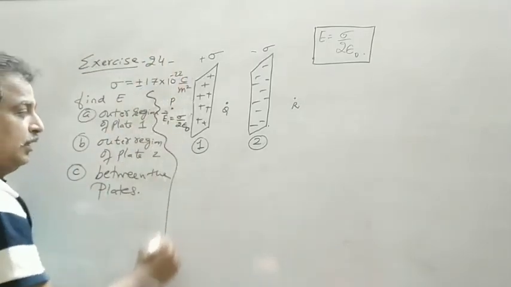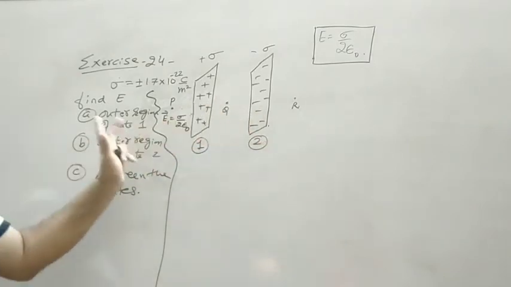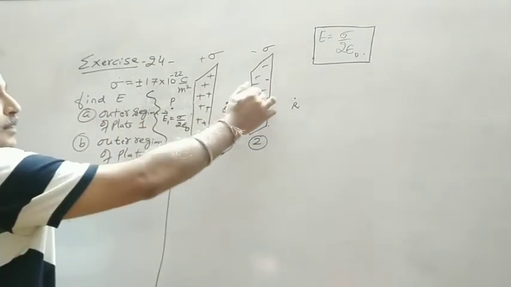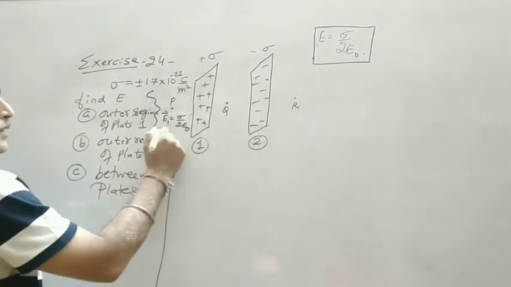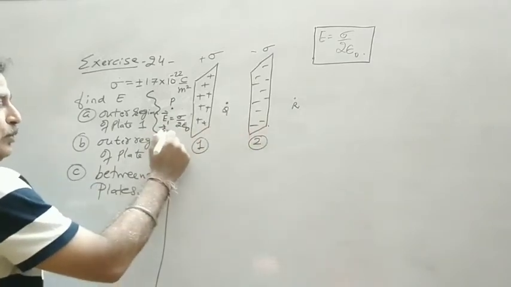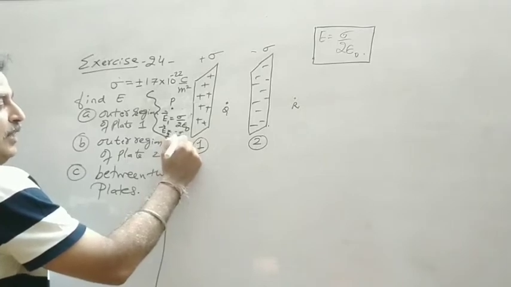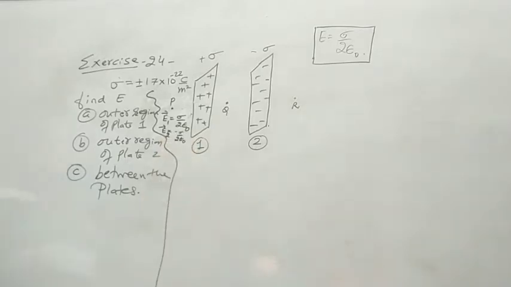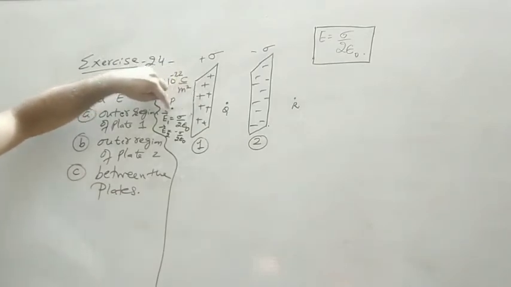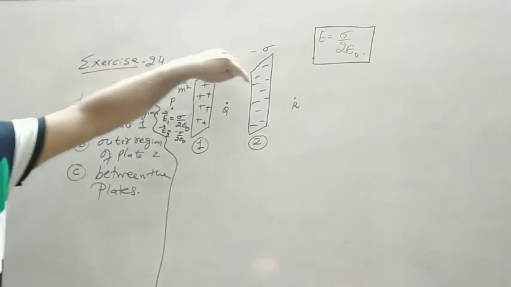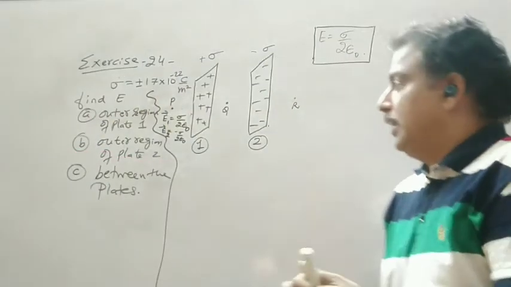Similarly, for this plate, if I keep a test charge here, it should be attracted towards that plate. E1 means plate 1, E2 means plate 2. So E2 will be equal to minus sigma upon 2 epsilon naught. I am taking the direction by keeping a test charge here. For this plate it will be repulsion, for the other plate it will be attraction.